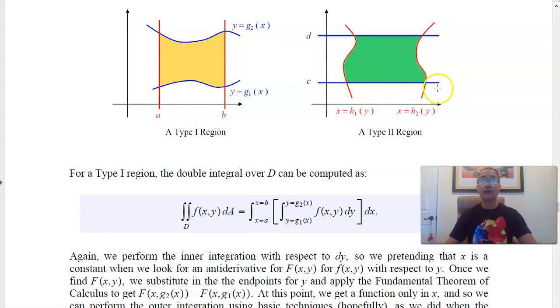So we have these horizontal boundaries, y equals c and y equals d, and x is between these two curves. To the left is h1 of y, and to the right is some h2 of y. It's like you take this and flip it like this to get this kind of region. How do we compute the values of these double integrals once we have these kinds of regions?